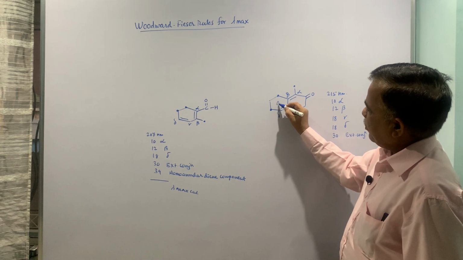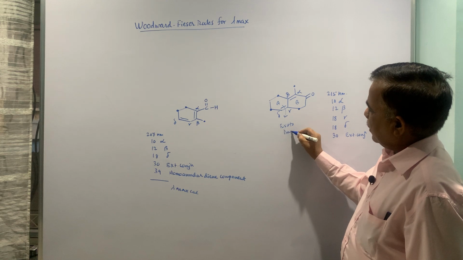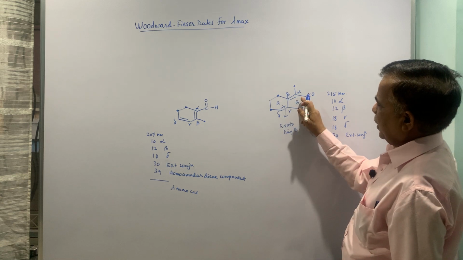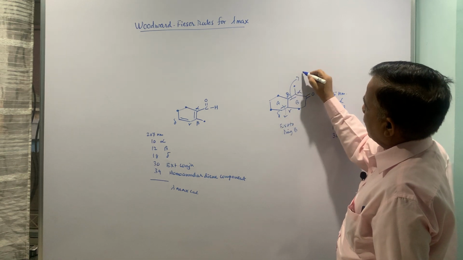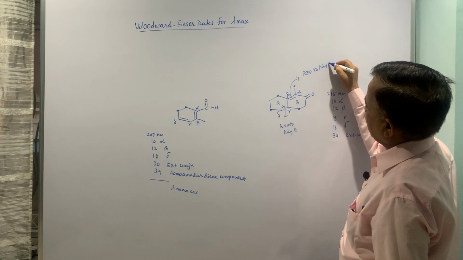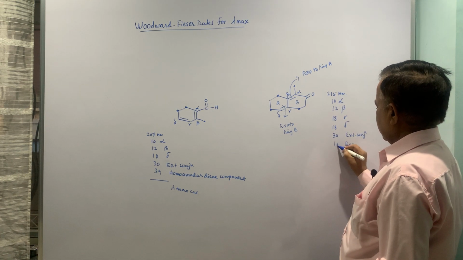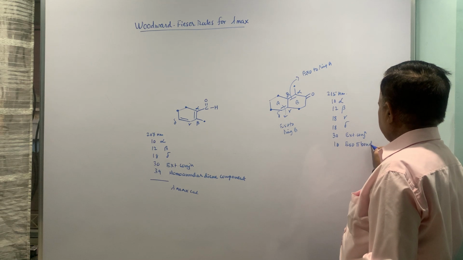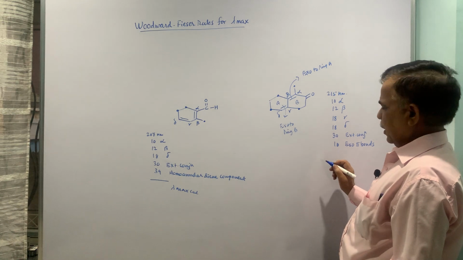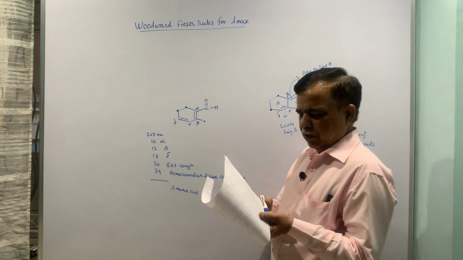Let me put this as A and B ring, exo to ring B. Exo means outside, so if I cover this, this is exo to ring B. Similarly, this is exo to ring A. So 2 exocyclic pi bonds, and that's all. Then you have to put lambda max calculated and whatever augmented value you have.